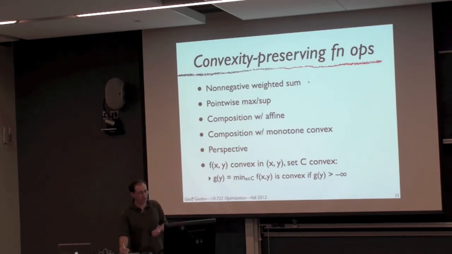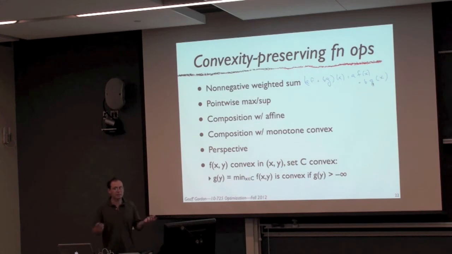So, for example, af plus bg. Let's write it. So the function af plus bg at x is equal to a times f of x plus b times g of x, right?